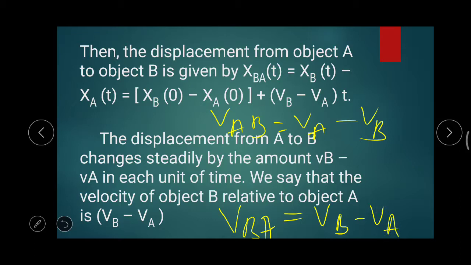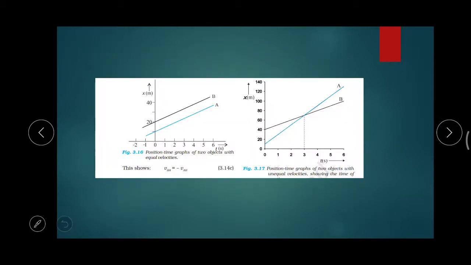Okay, so this is the relative velocity of A with respect to B, and this is the relative velocity of B with respect to A. Okay, now let us consider, there are three graphs in your textbook representing the motion of two bodies A and B.